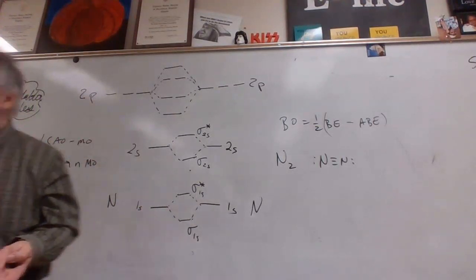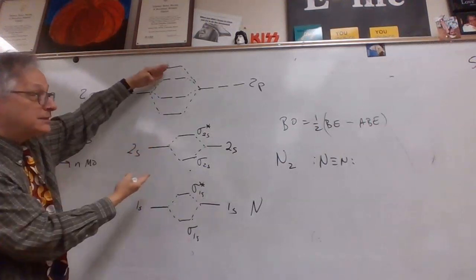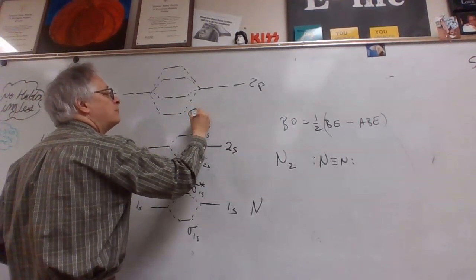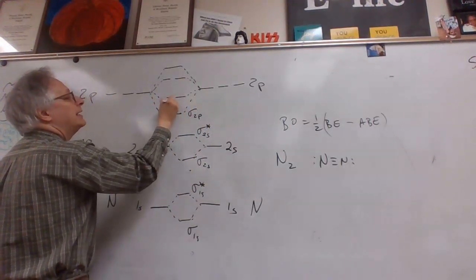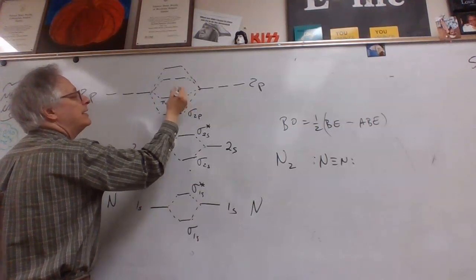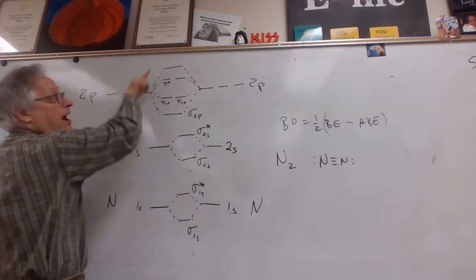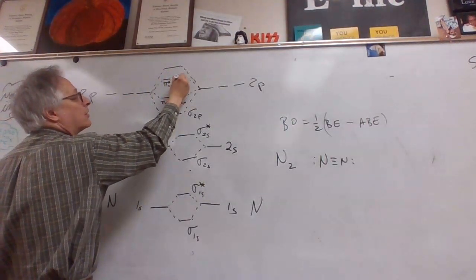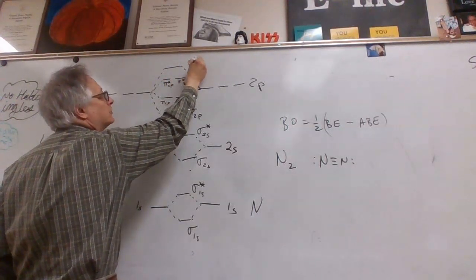So I have to make 6 molecular orbitals. In a homonuclear diatomic like this, you're going to have a sigma 2p, pi 2p, pi 2p, and these are higher energies: pi star 2p, pi star 2p, and sigma star 2p.